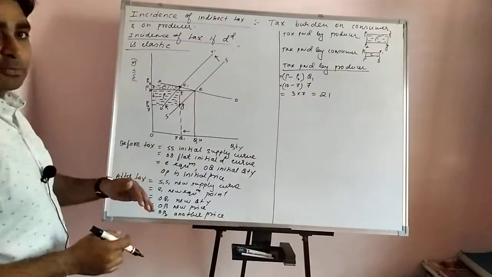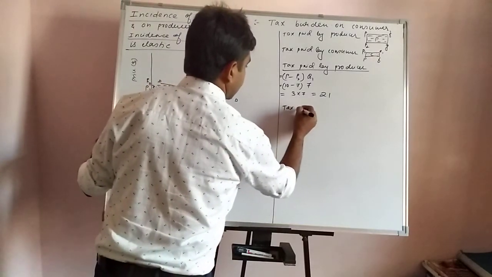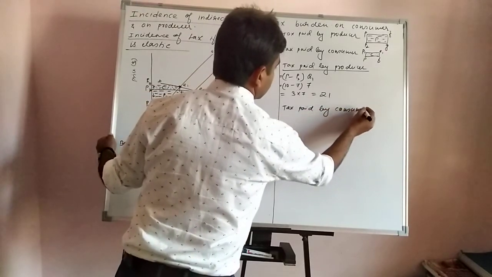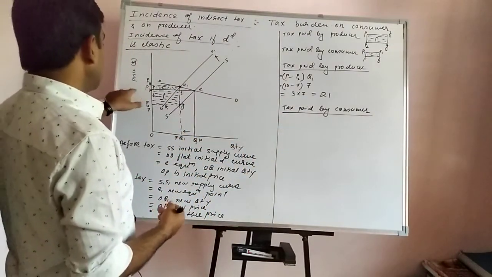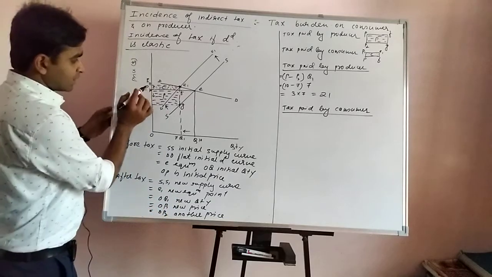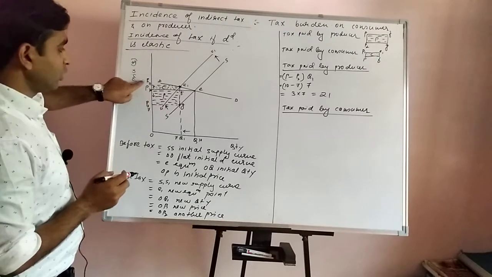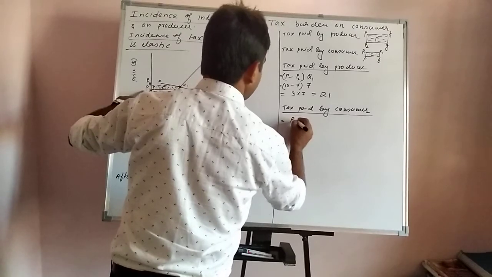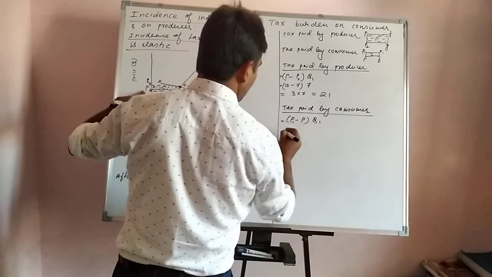Now tax paid by consumer, or tax burden you can say also, we will find out. Tax paid by consumer is here, which is the consumer part, this P and P1, that is 10 and 11. So here what we'll do, P1 minus P into Q1.